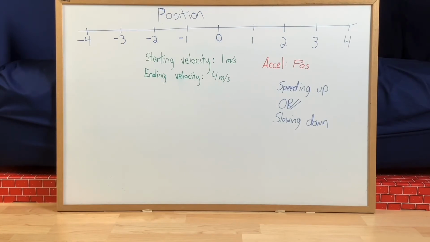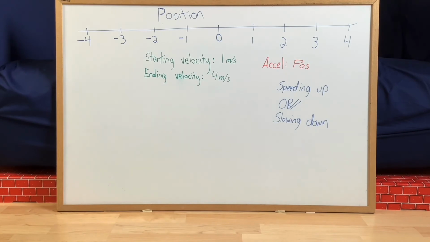The last thing to consider is whether we're speeding up or slowing down. I think it's pretty clear from watching him move across the floor that he's speeding up. But another way to work that out is that the starting velocity is 1, so the speed started at 1, and the ending velocity is 4, so the speed ends up at 4.